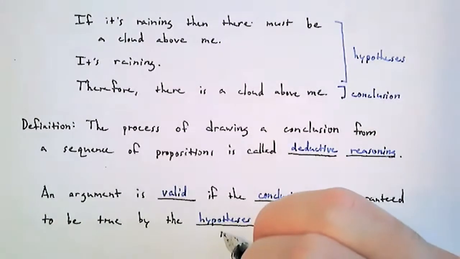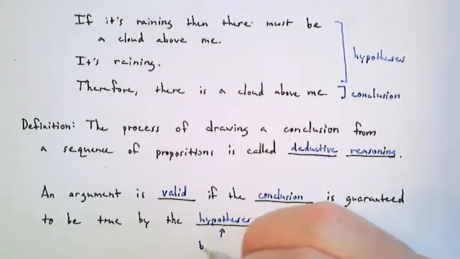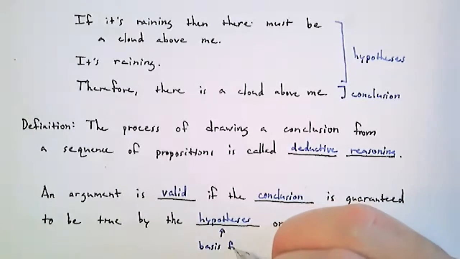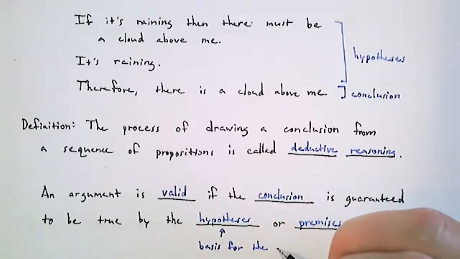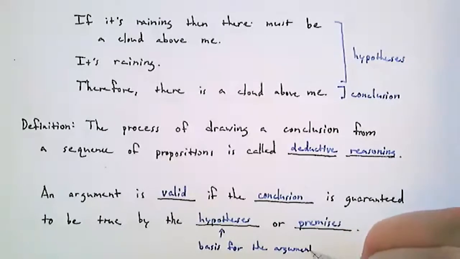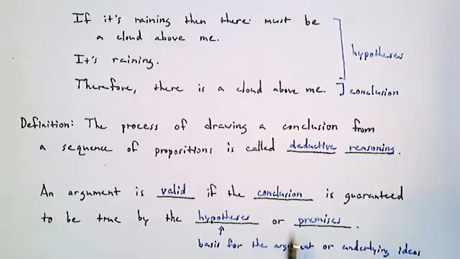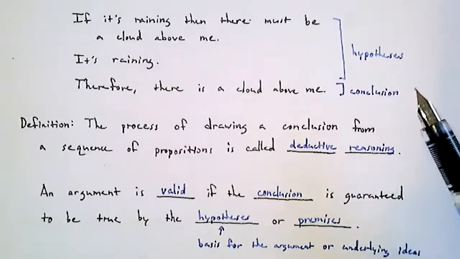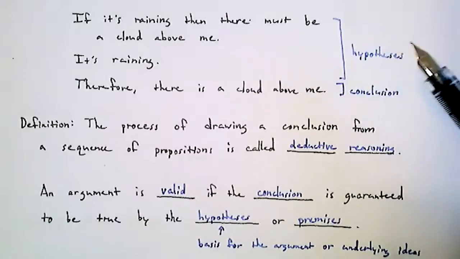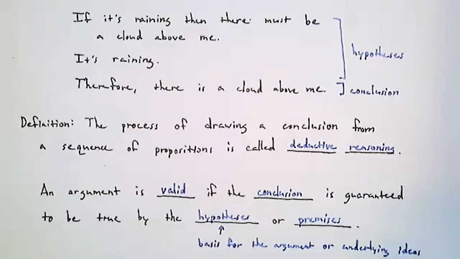So keep that in mind. We're using this word a little bit differently. In deductive reasoning, we're trying to see whether our hypotheses guarantee that our conclusion is true, whereas in science, you might use an experiment to determine if your guess, your hypothesis, is true. It's kind of backwards, almost.